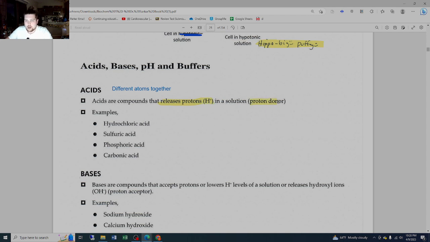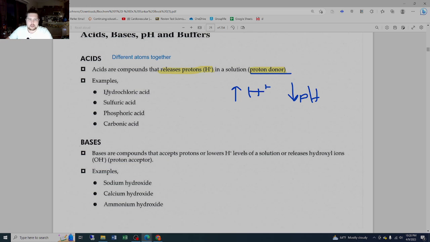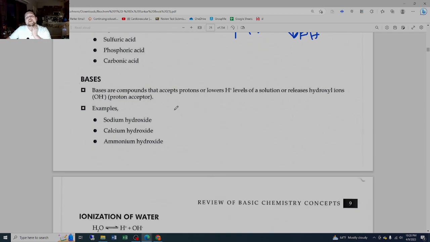So it is a proton donor. Later on, when we get into pH, when you increase the amount of hydrogens, you actually decrease pH. Okay? We'll get to that later, though. So a proton donor. Remember that. Examples like hydrochloric acid, sulfuric acid, phosphoric acid, and carbonic acid.